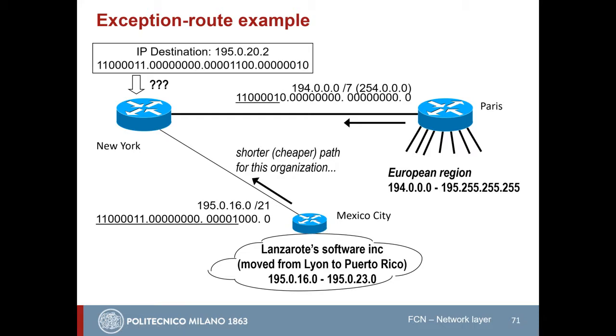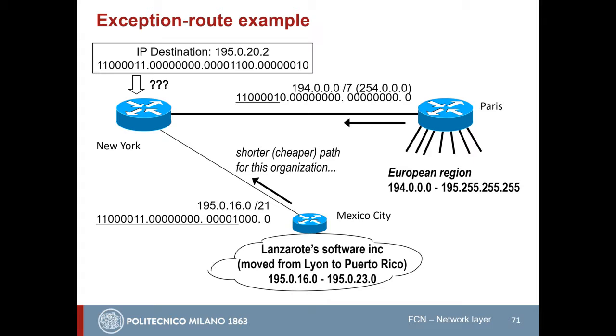So the meaning is: when you receive a packet that is going to this macro block, route it to Europe, except if the packet falls into this smaller block. In that case, route it directly to Mexico City. This is much more efficient in terms of routing. Obviously, you have to create two entries instead of one, so it's worse for the size of the routing table, but it's something that is done quite frequently.